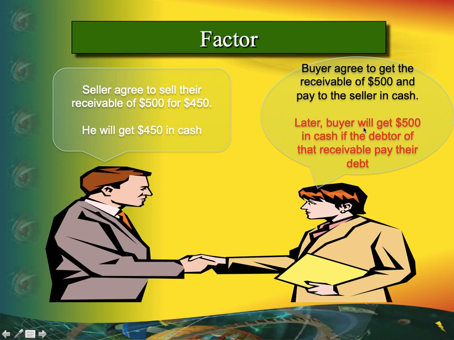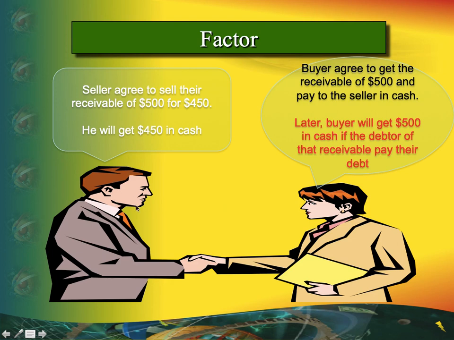She has to pay 450 to the seller, but later she will get $500, but not today. She will get this $500 if the debtor of that receivable pays their debt.